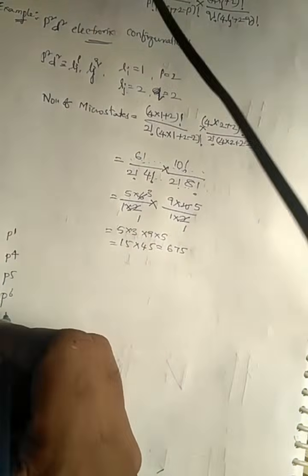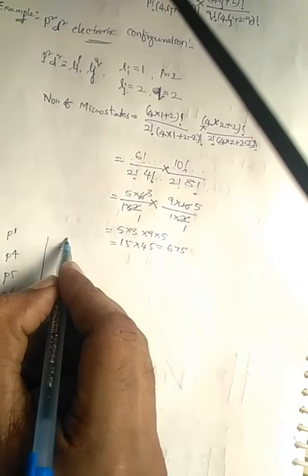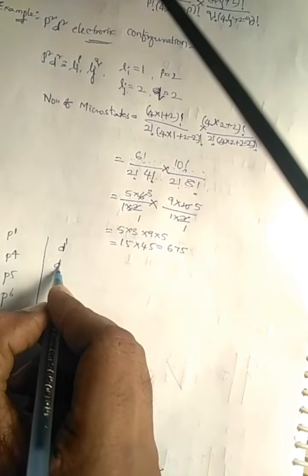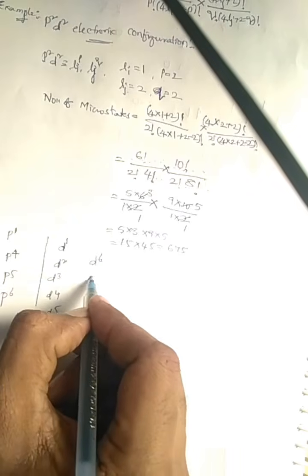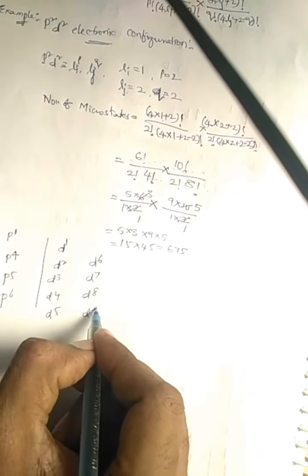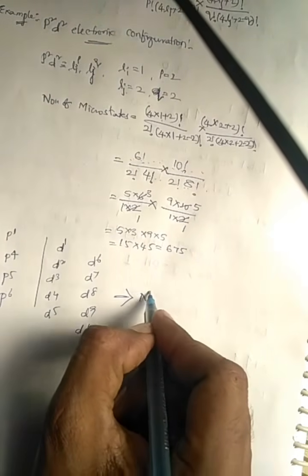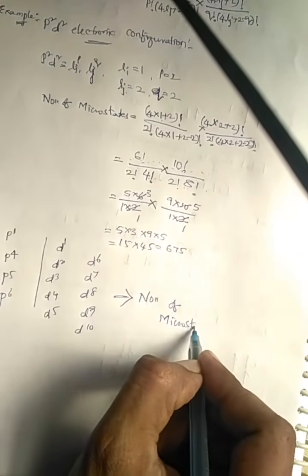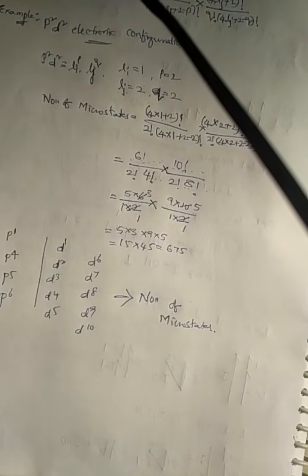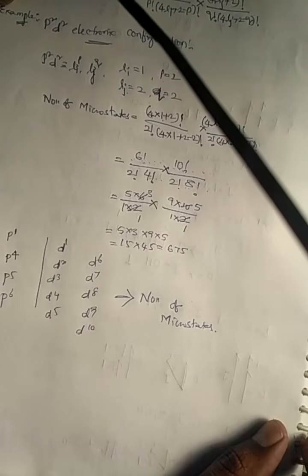You calculate the microstates for all these P configurations, and you also calculate the number of microstates for D1, D2, D3, D4, D5, D6, D7, D8, D9, D10. For all these configurations, calculate the number of microstates by using the above formulas and give your answers as comments on YouTube or you can give your answers to my WhatsApp number.